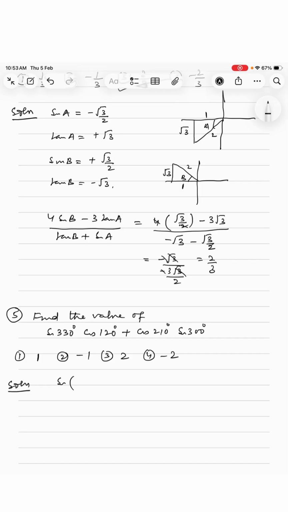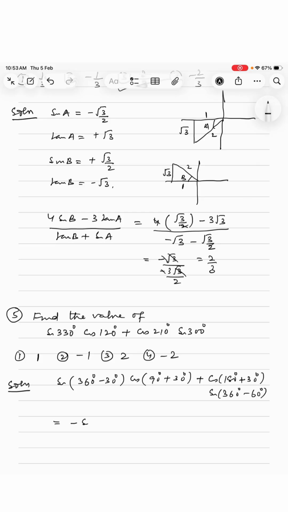Sine 330 degrees, cos 120 degrees, plus cos 210 degrees, which is cos 180 plus 30, into sine 300 degrees, which is sine 360 degrees minus 60.